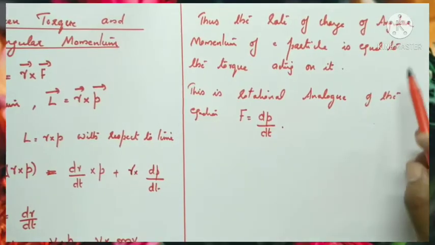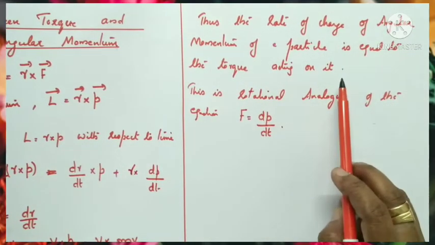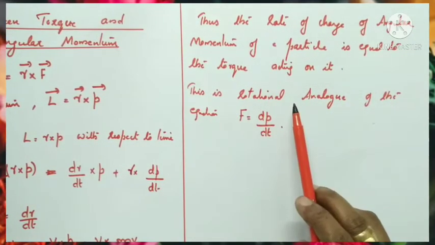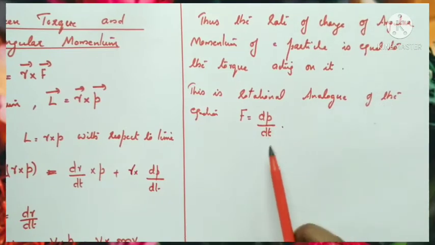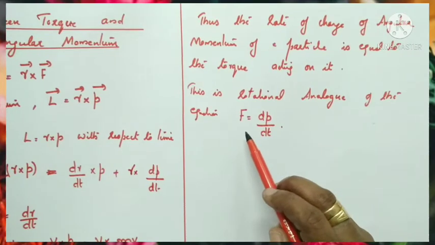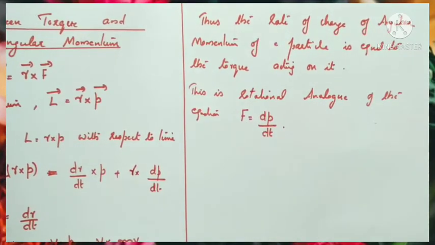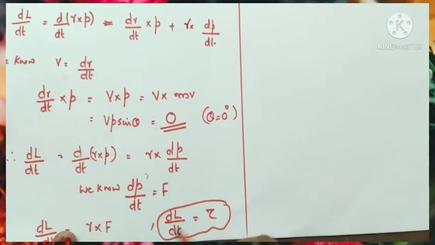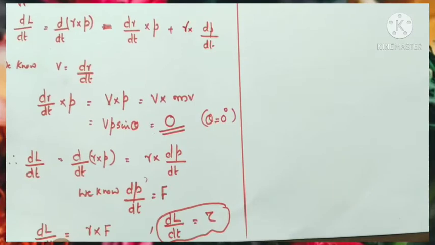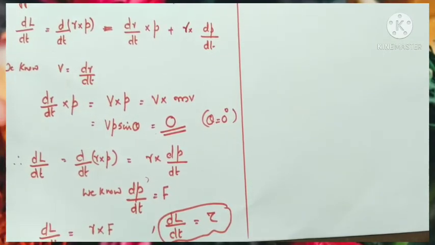Thus, the rate of change of angular momentum of a particle is equal to the torque acting on it. This is the rotational analog of F equal to dp/dt. So in linear motion F equal to dp/dt, and in rotational motion torque τ equal to dL/dt. So this is the relation between torque and the angular momentum.